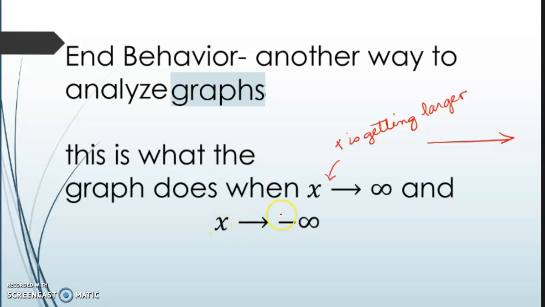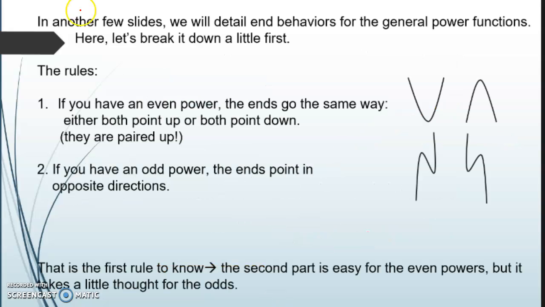And when x approaches negative infinity, this means x is getting smaller and it's going out in this direction along that line, as x is going more negative and more negative and more negative. That is the end behavior, what it does on the end of the graph, quote unquote.